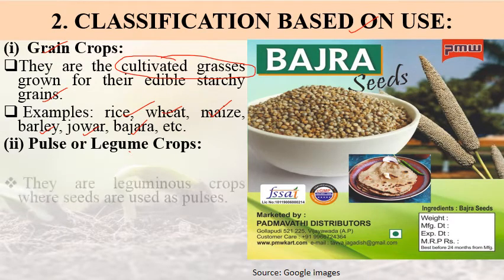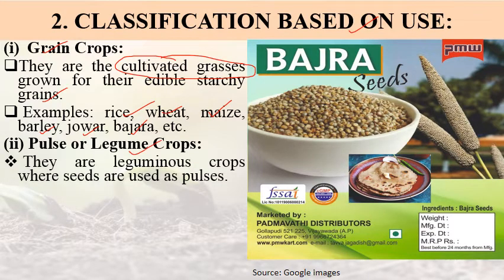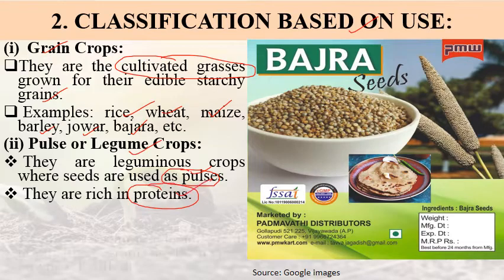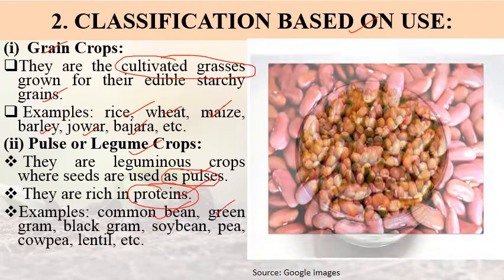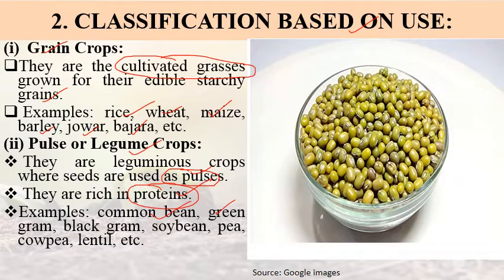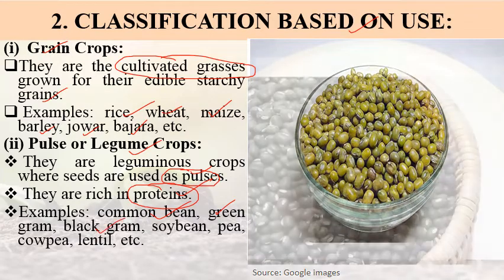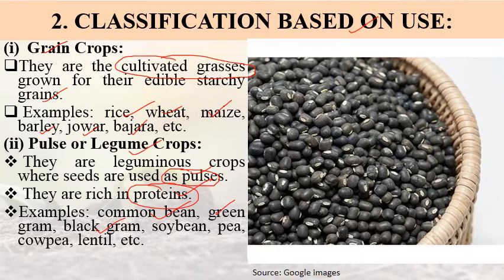Next, we have pulses or legume crops. They are leguminous crops where seeds are used as pulses, and they are rich in proteins. Pulses are a good source of proteins. Examples are common bean. Then we have green gram, that is mung bean, also known as Vigna radiata. Then we have black gram, Vigna mungo.